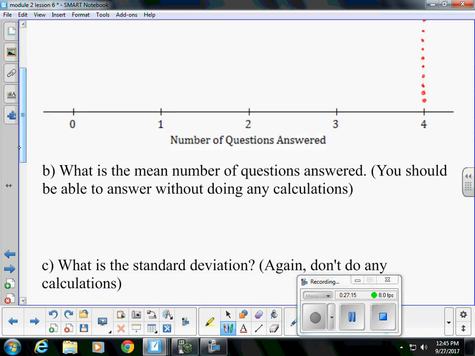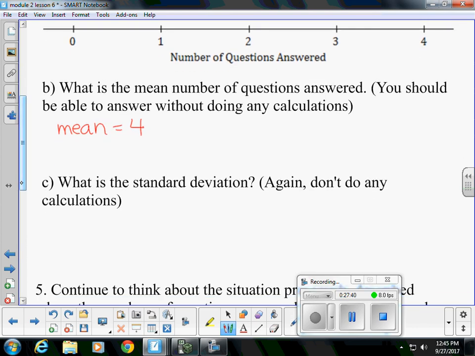Next question says, what is the mean number of questions answered? Well, we should be able to do this without any calculating. If all of the numbers are going to add up and be exactly the same, then the mean is going to be 4. And the standard deviation, we shouldn't have to do any work on that.